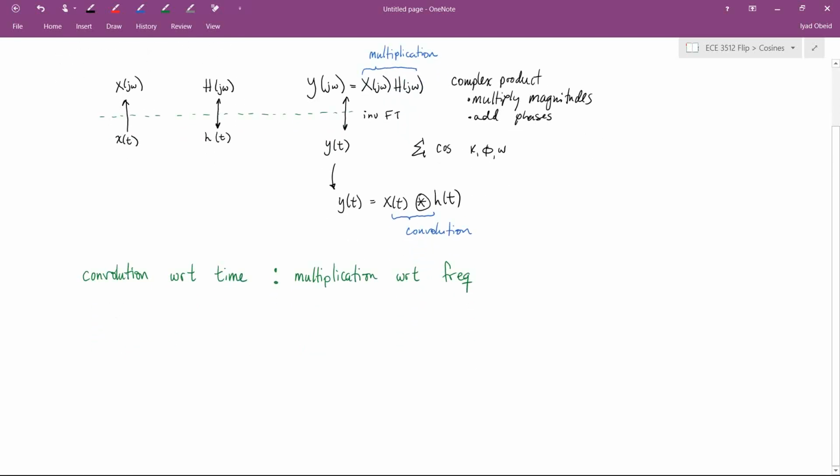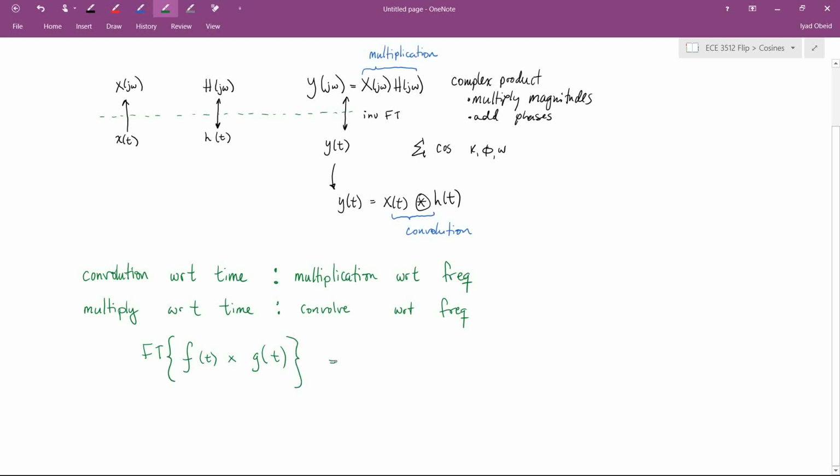And what's really crazy is that the opposite is also true. If you take two signals and you multiply them with respect to time, then you effectively convolve them with respect to frequency. So in other words, suppose I were to take a function f of t and multiply it with some other time function g of t, and then take the Fourier transform of that product.